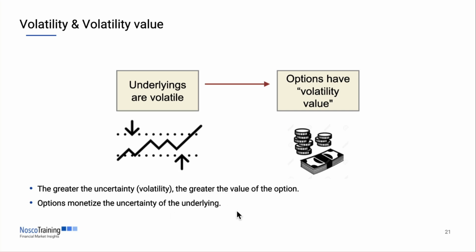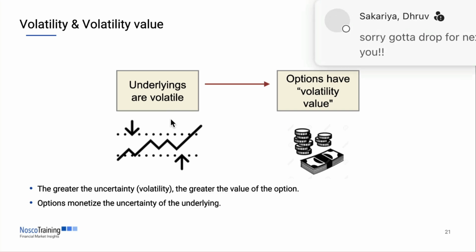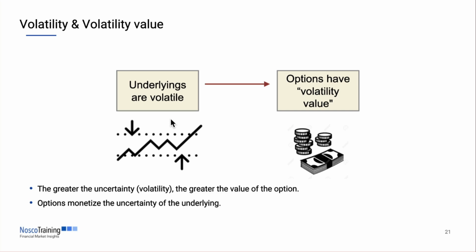Cool. Now let's go back to options. And now it gets cool, right? We have already seen last time when Vincent talked about the value drivers, underlyings are volatile. They have a characteristic that they fluctuate.